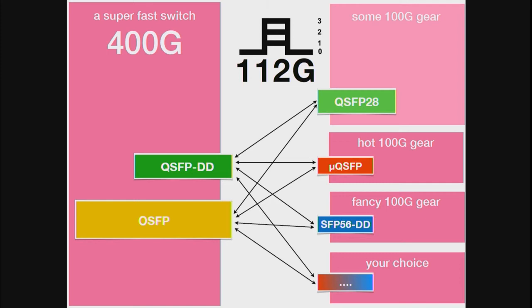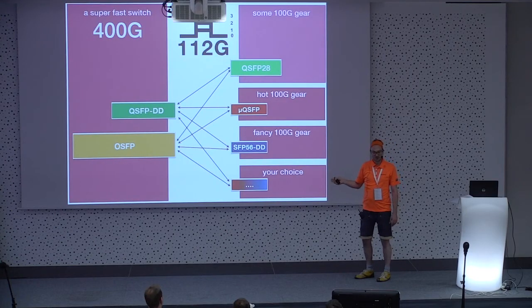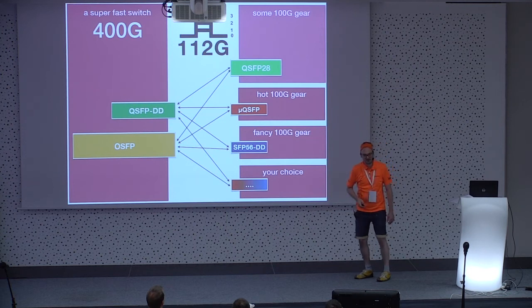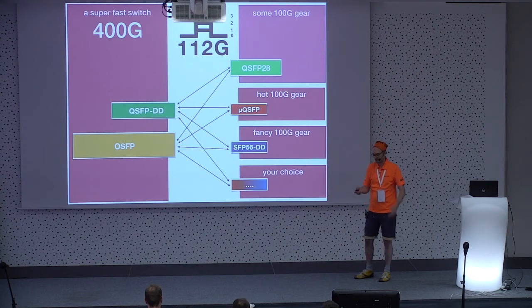So the QSFP28 is already there, and we will get a micro QSFP and even an SFP56-DD, and even what you can later on have as a 100 gig one. For sure, it's also doable interconnecting 400 gig QSFP-DD directly with OSFP, for example, but that's obvious.